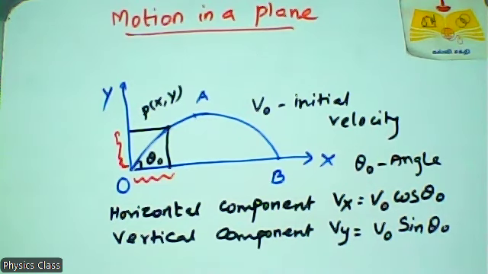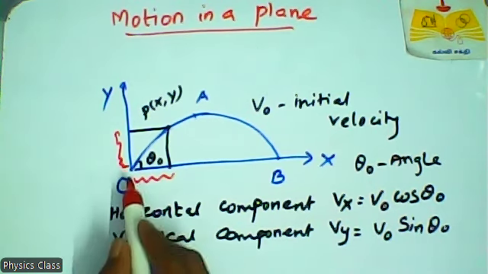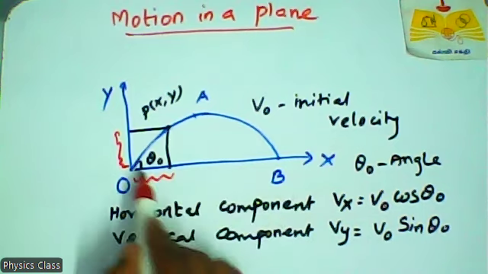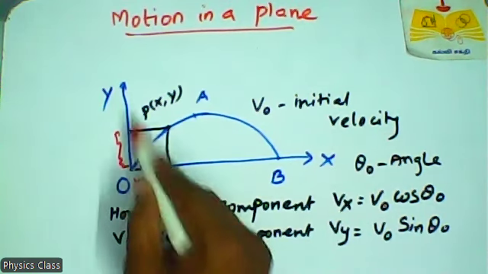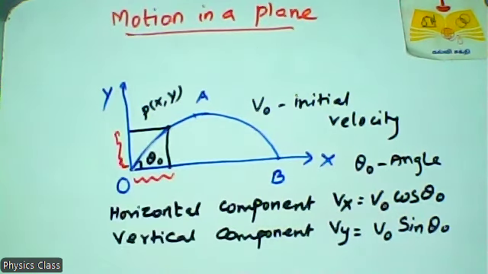So the horizontal component is always constant throughout the motion of the body. The vertical component only changes in magnitude and direction due to gravity.